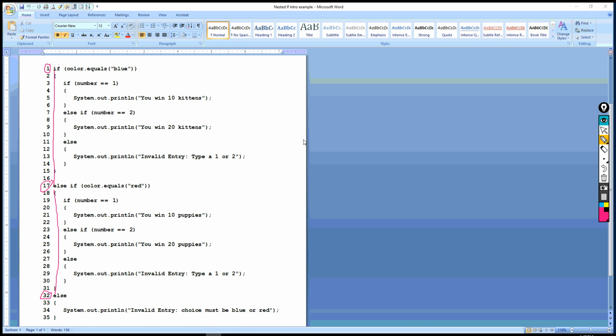And so what happens here then is this is the if statement, and so right here is the opening brace for the if clause, and then if you follow the indentation down, then this will be the closing brace for the if clause. So this right here is the outer if clause.